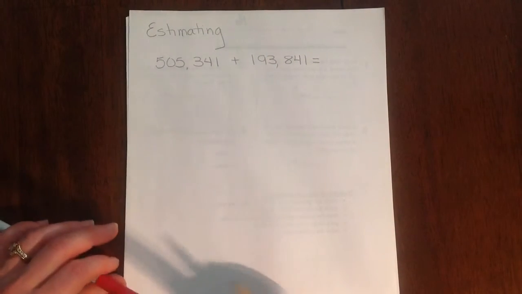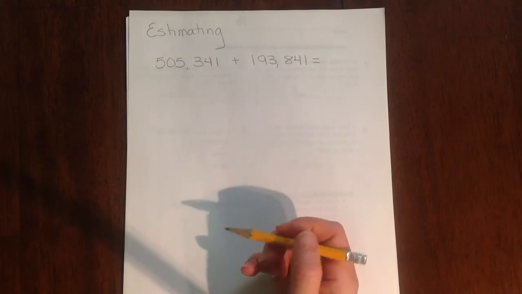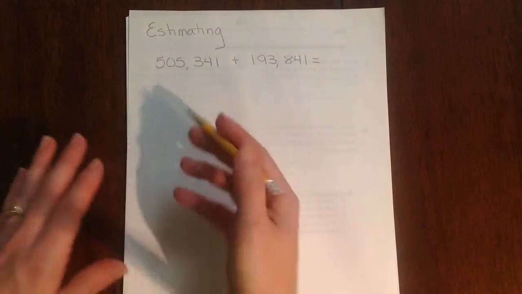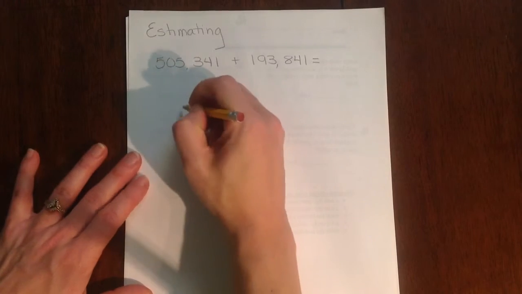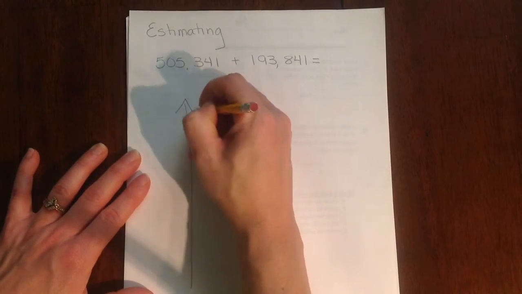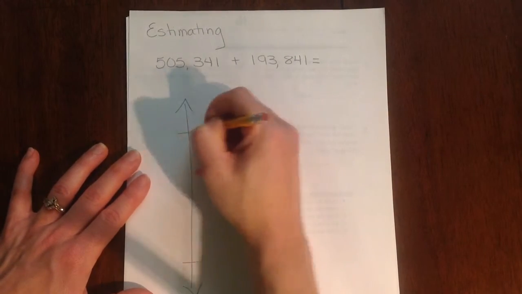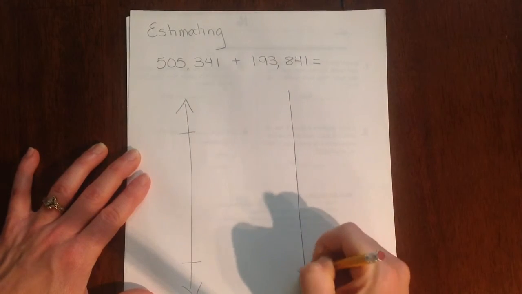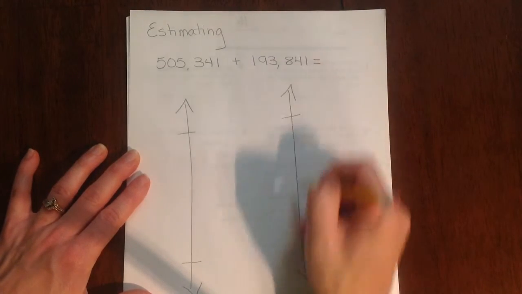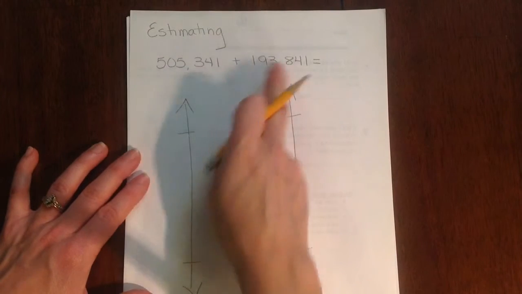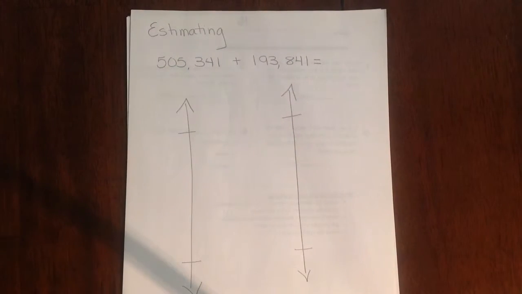I know you can add it together, but without actually doing it. I wanted to round them, so I want to estimate my answer. I would use 2 vertical number lines, one for each number. And I would figure out what each of them equaled as far as rounding went.